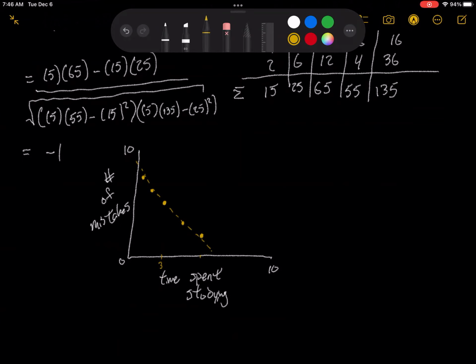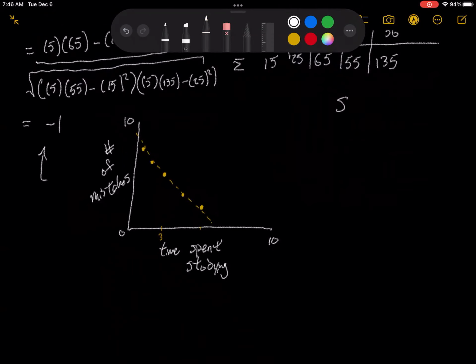So I could ask, what is the significance? So we're obviously going to be very significant here because we have perfect negative correlation. But what if you didn't get that? So for significance, we have to return to the Pearson correlation critical value sheet.